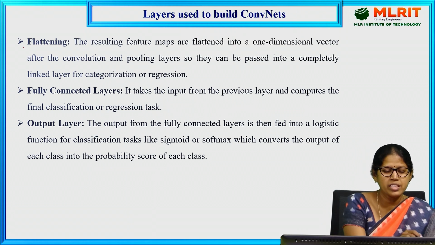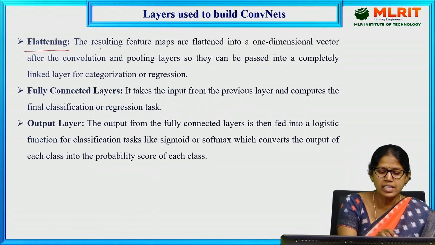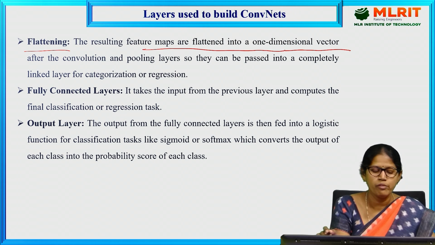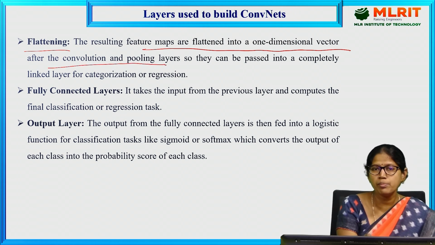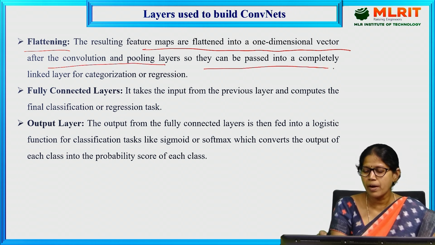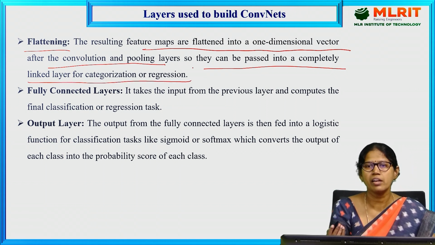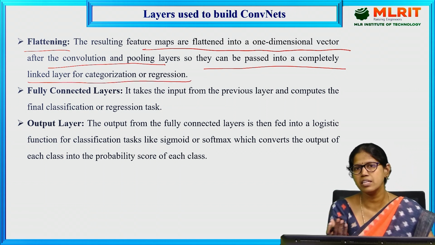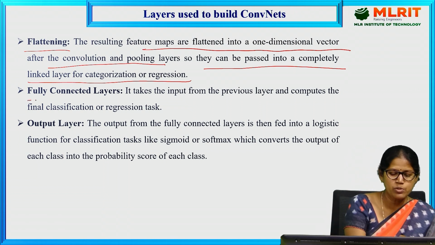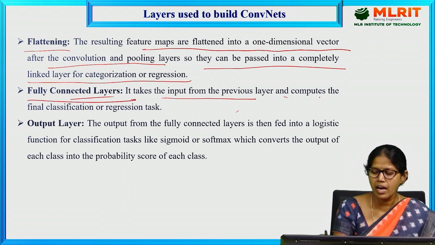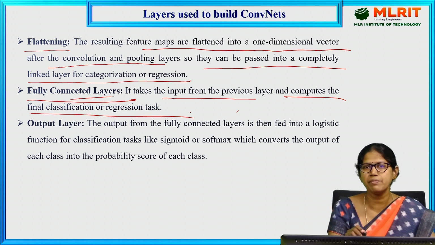The next one is flattening. The resulting feature maps are flattened into a one-dimensional vector after the convolution and pooling layers, so they can be passed into a fully connected layer for categorization or regression, whether it is a cat or a dog. Next one is the fully connected layer. It takes input from the previous layer and computes the final classification.